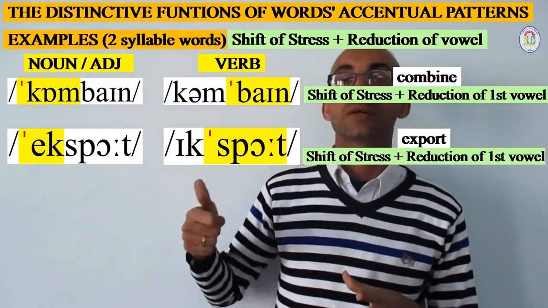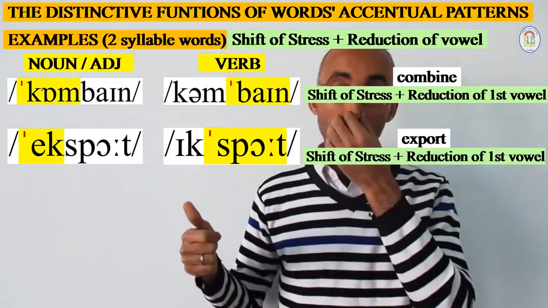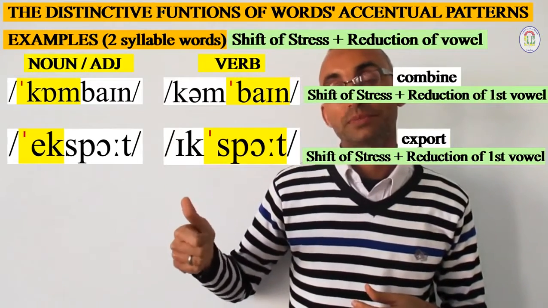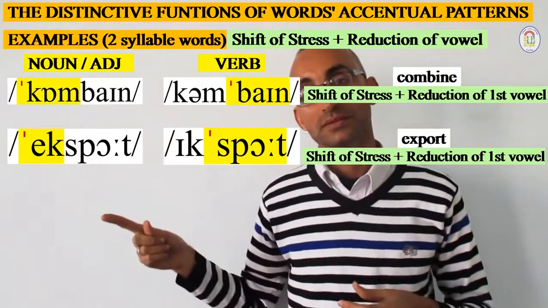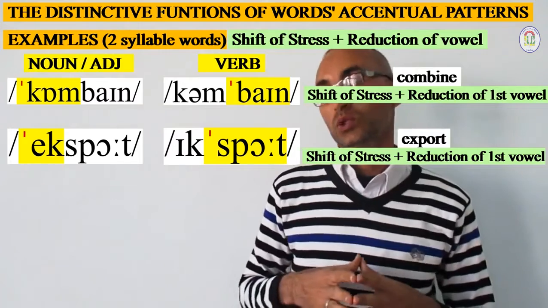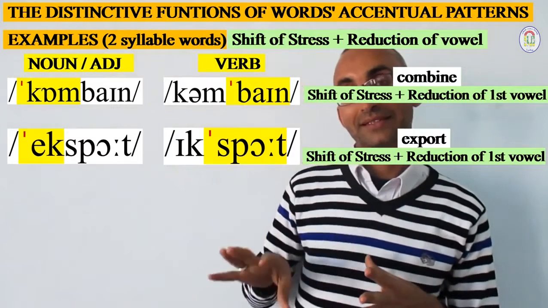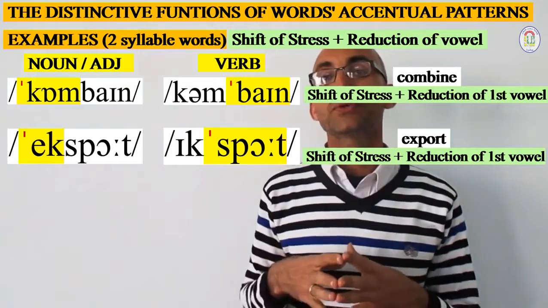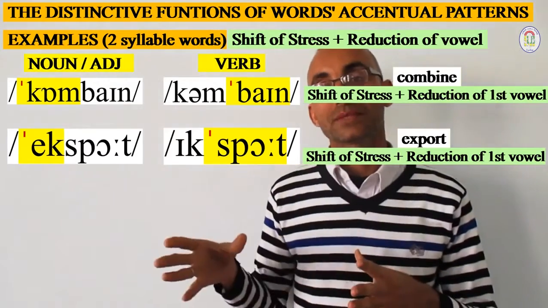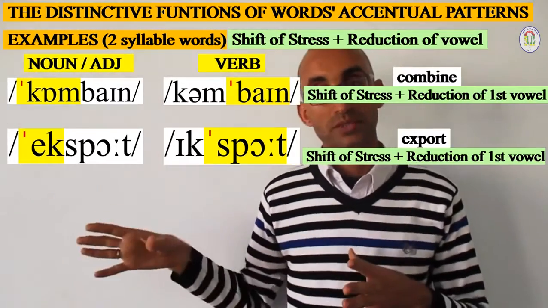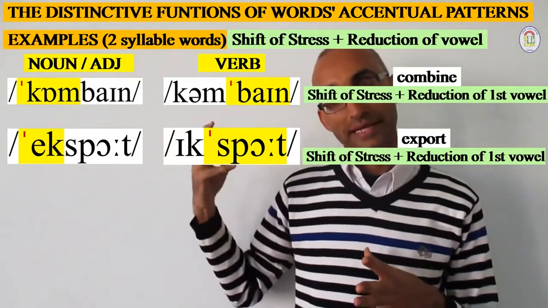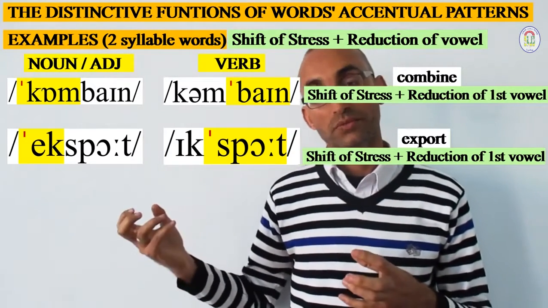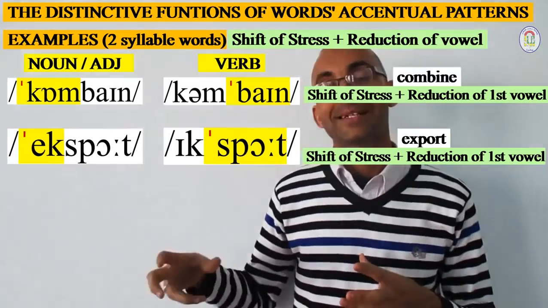Now, if I change the stress position from the first syllable in the noun to become on the second one, which is sport, I stress the second syllable in this word, sport, and I reduce a to become e, export. Here I have a second word, right, which has a different grammatical function.